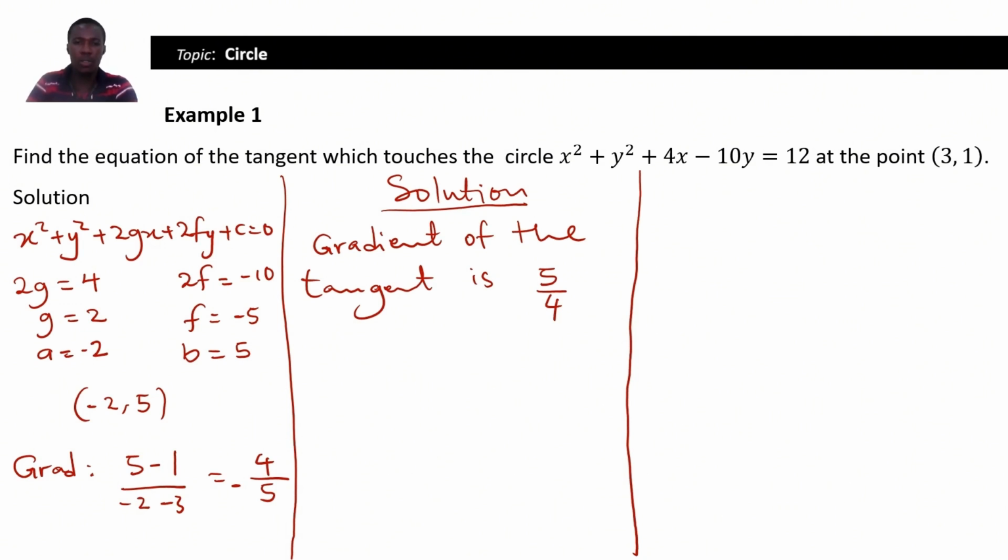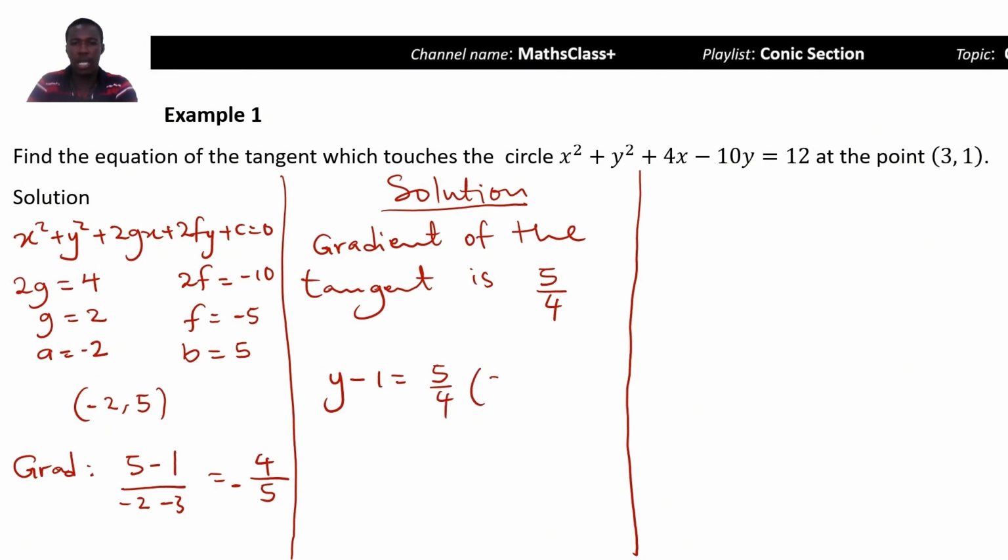Now, with the gradient known and a point (3, 1) also known, we can determine the equation of the tangent as y minus 1 is equal to 5 over 4 multiplying x minus 3.